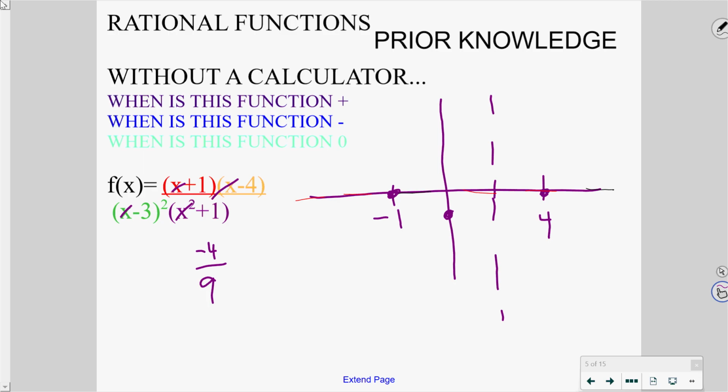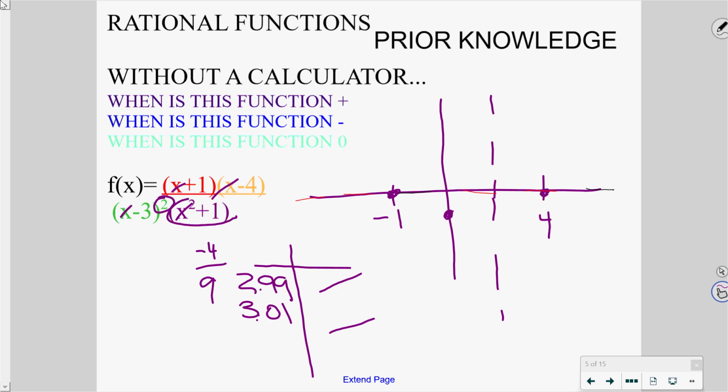So, Caleb, what am I going to do to figure out the behavior around the vertical asymptote? I'm at 3, so 2.99 and 3.01. Let's again be efficient. Noel, how about the denominator in both of those? The denominator is always positive, right?